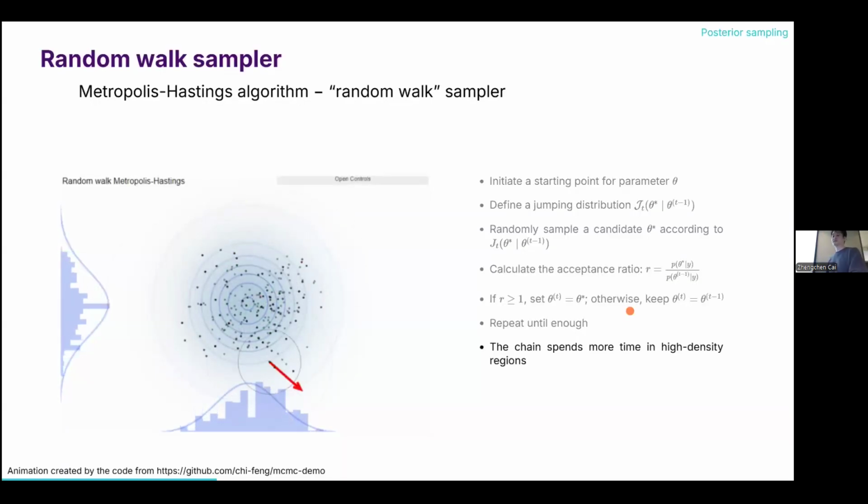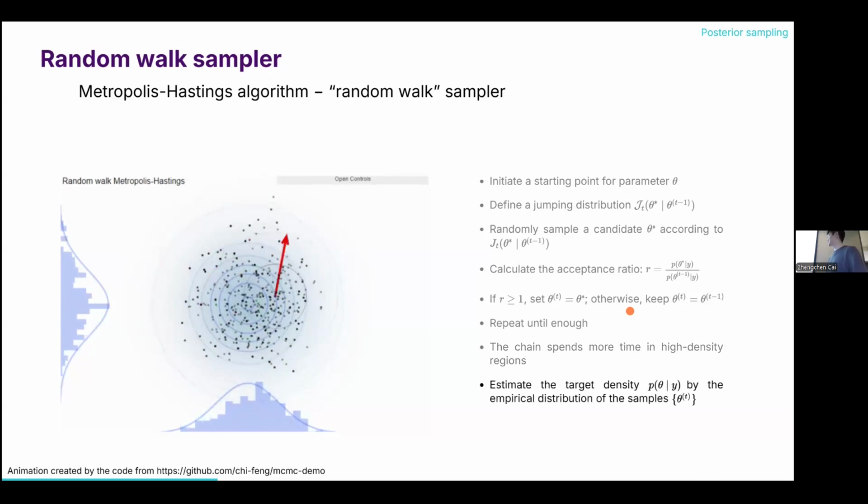So the chain will spend more time in the high density regions, okay? And then you will converge and you will get your target distribution.